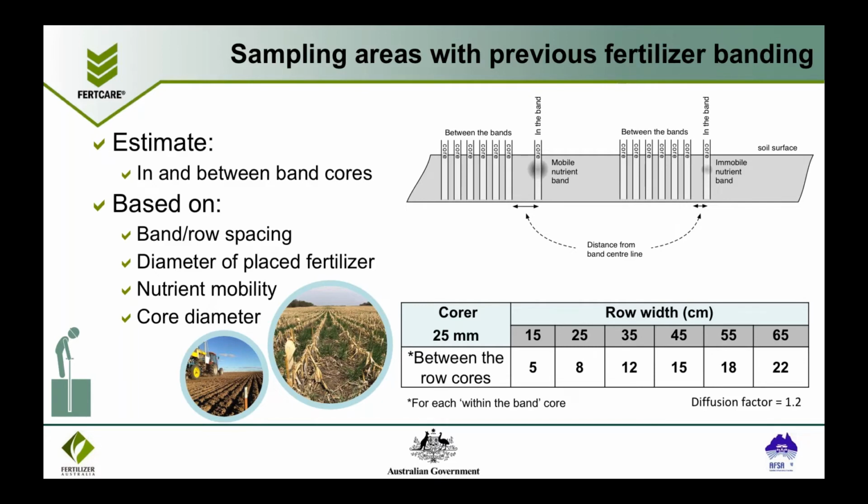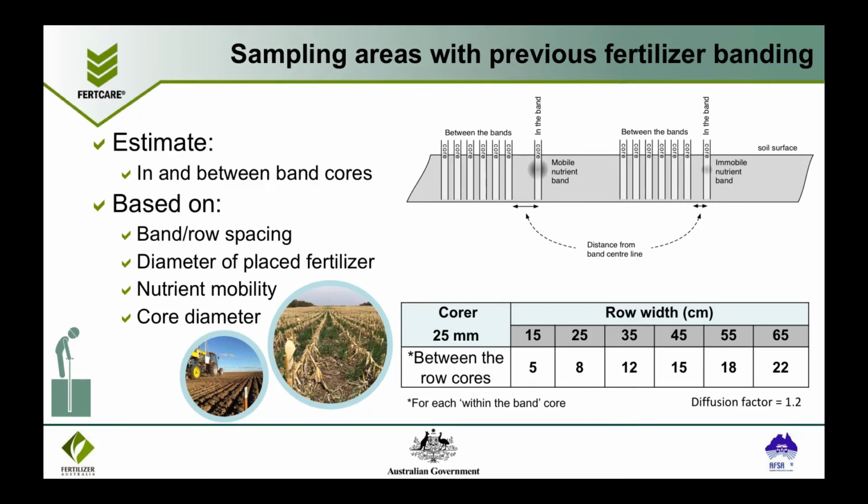If you're faced with sampling in an area where there's previous fertilizer banding, there's quite a bit of detail and some equations to follow in the guide, but the general approach here is that if you can identify where the fertilizer bands are, you need to do some calculations to work out how many cores you need to take between the bands for each core that you take within the band.